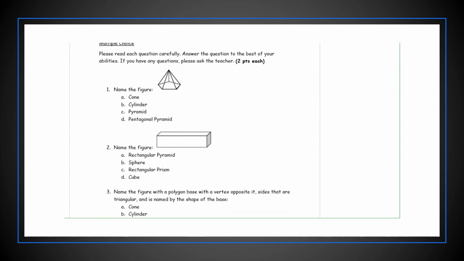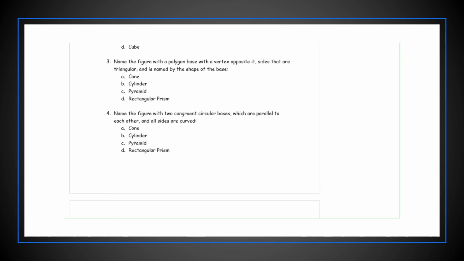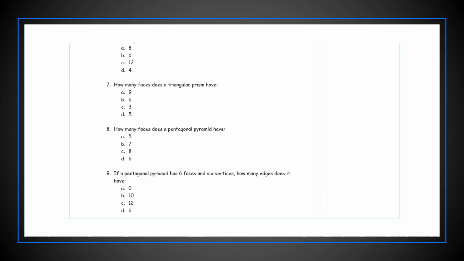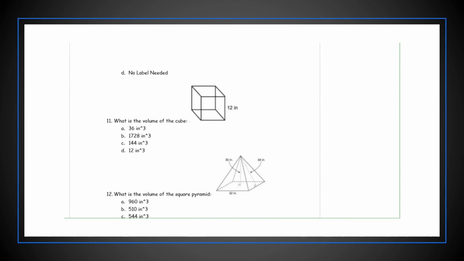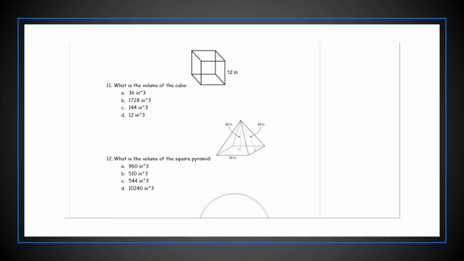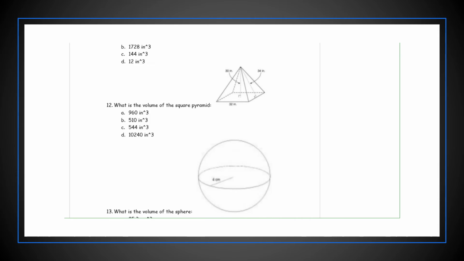So I have some multiple choice, just shape identification, define different characteristics of shapes, going over the faces, the vertices, the edges, seeing those different things, some of the units. Then I have where we're actually going to do some calculations. My students would have a scratch sheet of paper, or they could just write their work off to the side on each one.